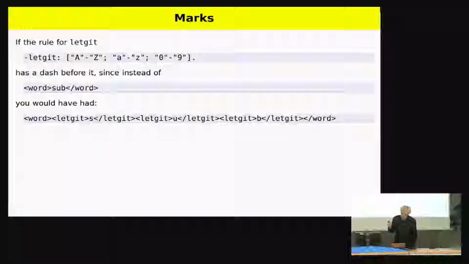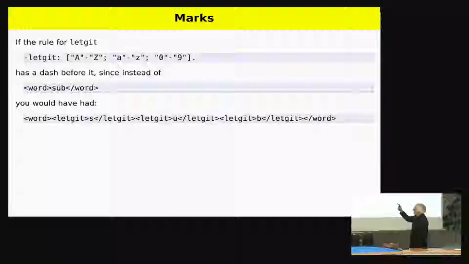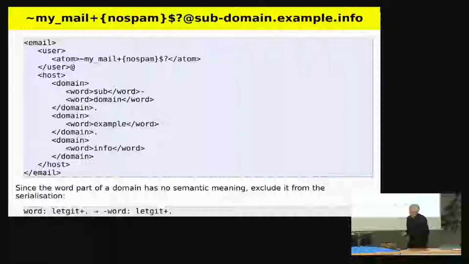I should say that the rule for letGit, letter or digit, has got a minus in front of it, so that you at least get something reasonable with words. Otherwise, you get letGit around every single character. So that's one of the first things that shows you how to serialize. It can say, don't serialize this as an element. We're just interested in the content of this thing. So going back to that slide.